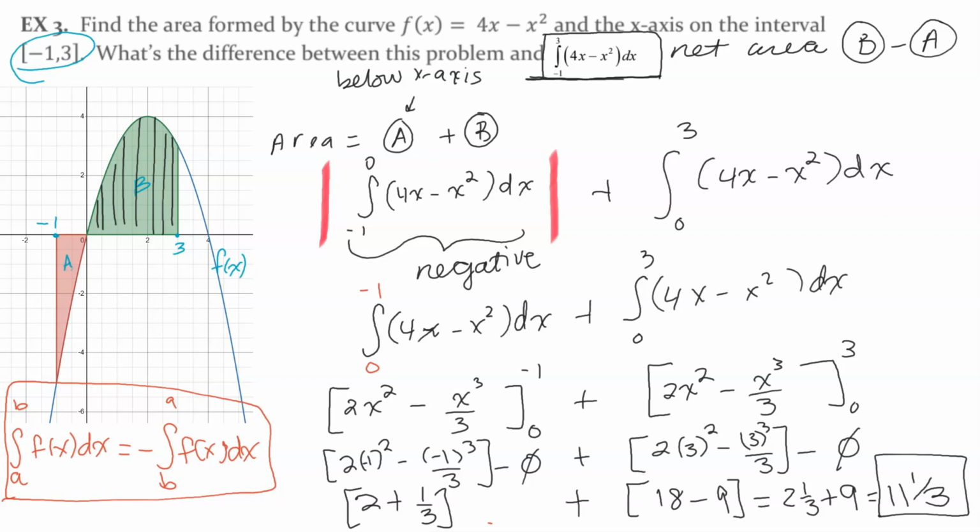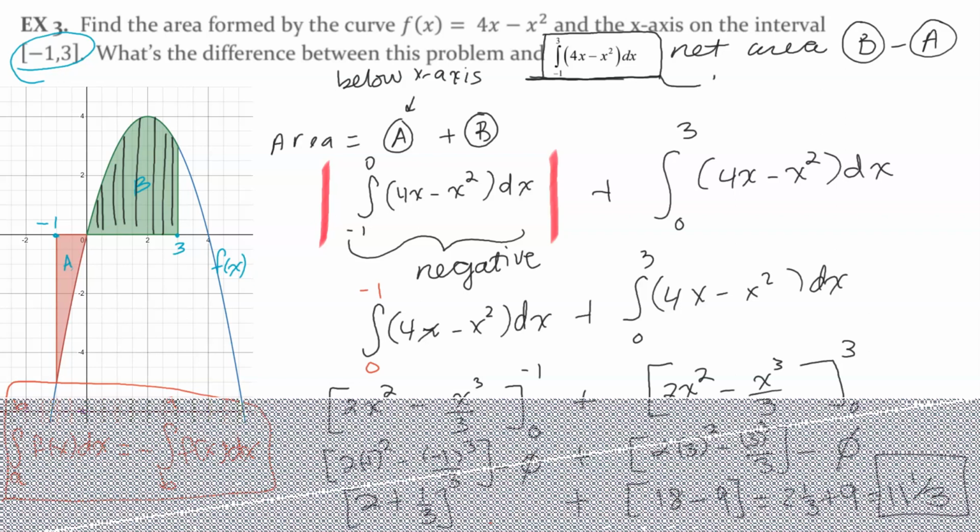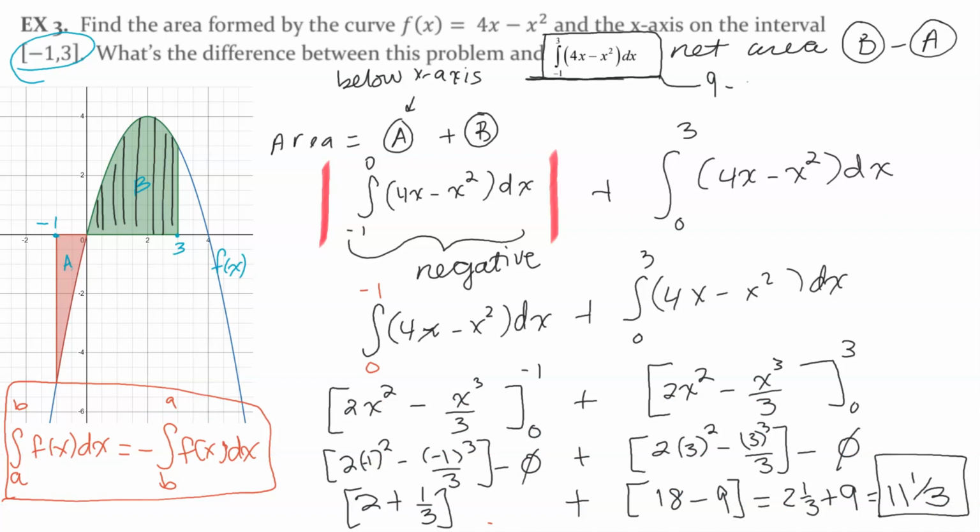If you remember or have seen the previous video, you will see that the integral from negative 1 to 3 really is 9 minus 2 and a third, and the answer to that was 6 and 2/3. That's the value for the integral, because part of it is negative and part of it is positive.